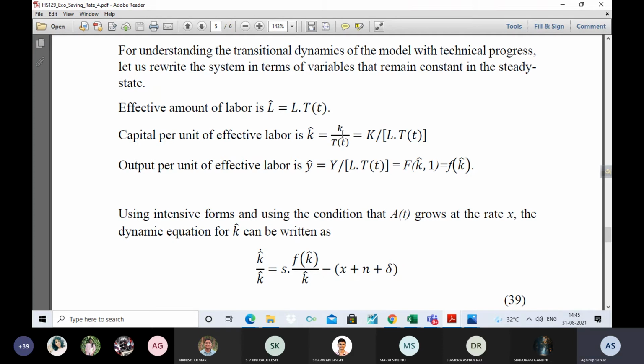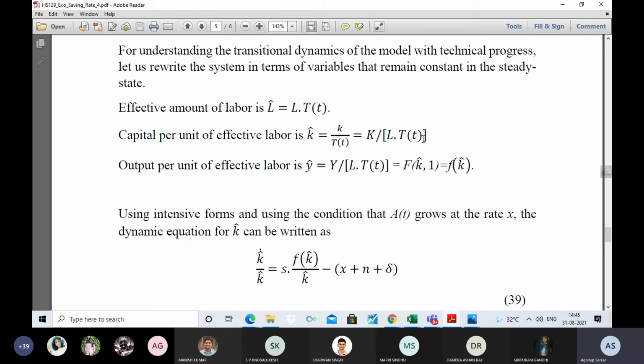Because what is small k? Small k is capital per unit of labor, right? So k hat, which is defined by small k divided by T, is essentially equal to capital K divided by L times T, which is total capital per unit of LT. And what is LT? LT is effective labor, right?